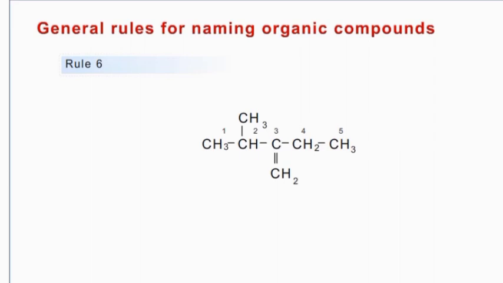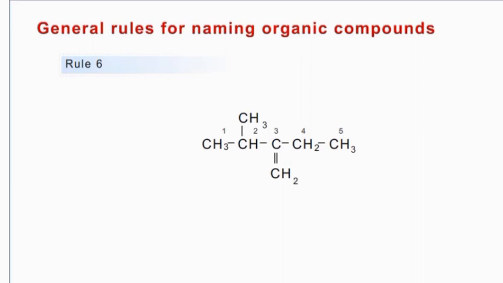Please look at this molecule. You have to write down the structure of this molecule in your notebook. I have numbered the carbon atoms of this molecule: 1, 2, 3, 4, 5. 5 carbon atoms are there. In whichever way you count, this is the carbon chain you get where more carbon atoms are present.